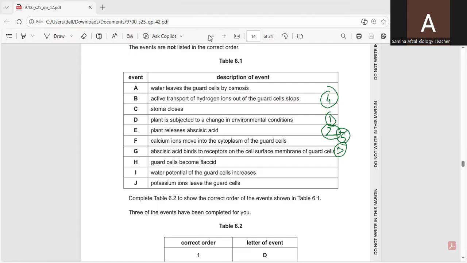So after this, the potassium ions leave the guard cells, because there will be the higher concentration at that time. So they will move out.